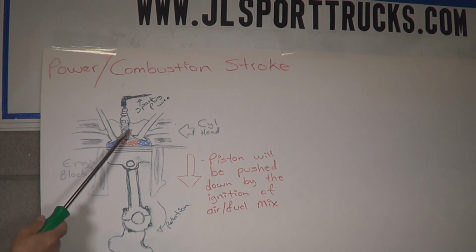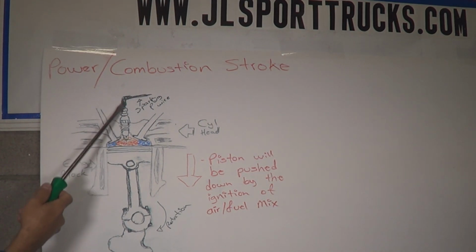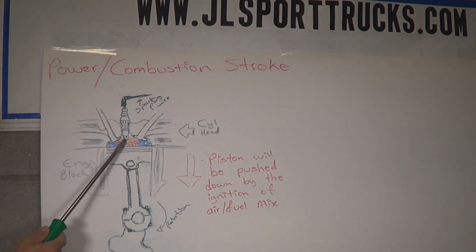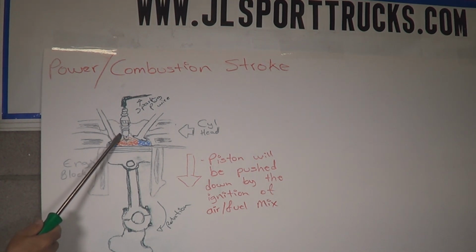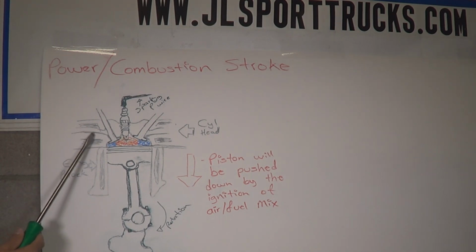So the way it's going to turn into a spark is, this is a positive electrode right here in the center, that's where the current is traveling. This other electrode of the spark plug is a negative electrode. And the reason why it's a negative electrode is because it's making direct contact with the cylinder head, which in turn is grounded to the frame or the body of the vehicle, depending on the manufacturer.